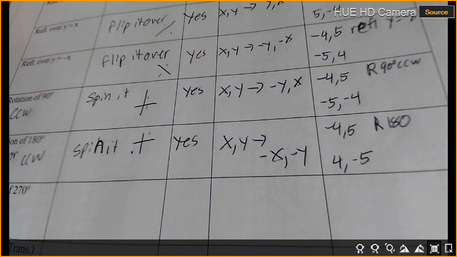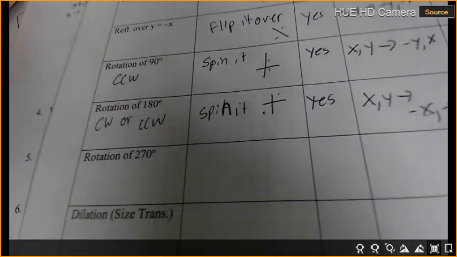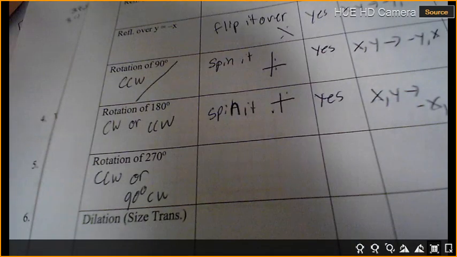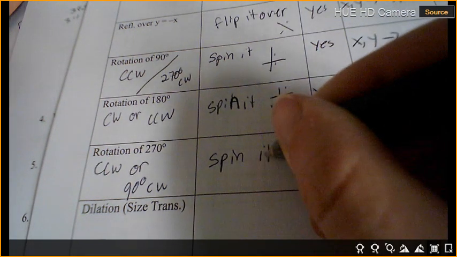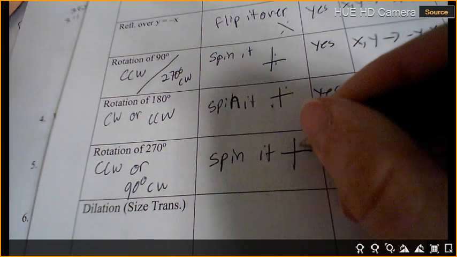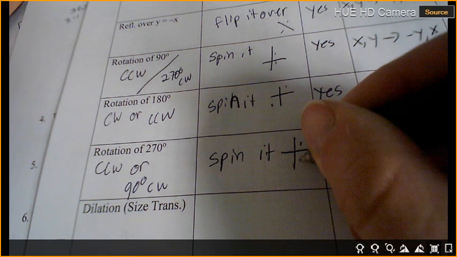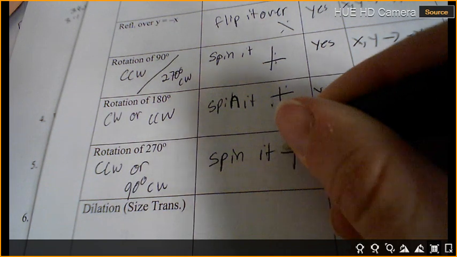Okay, we haven't talked about a rotation of 270 degrees, but we kind of can. This is 270 degrees counterclockwise or 90 degrees clockwise, which means this is 90 degrees counterclockwise or 270 degrees clockwise. Okay? It's still spinning it. It's just I'm going, that's 90 degrees, that's 180, that's 270.